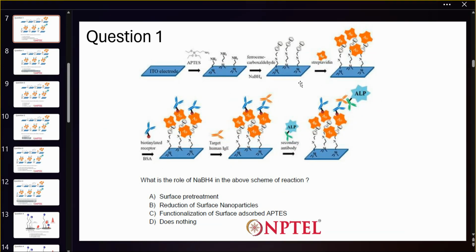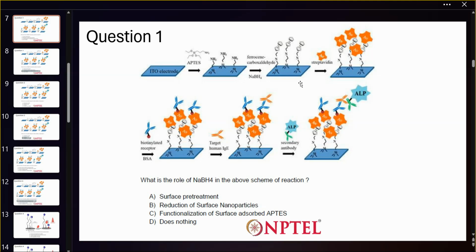So first you activate the surface. You introduce polar groups on the surface by using APTES. Then after the APTES is done, you modify the polar groups, the amine groups basically, which are polar in nature, with ferrocene carboxaldehyde in the presence of NaBH4.